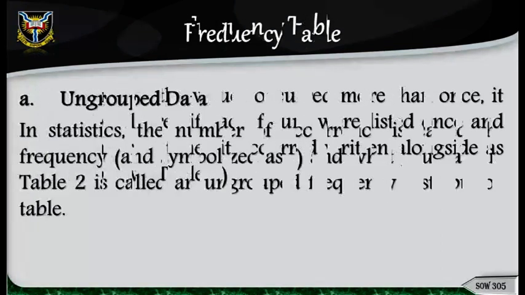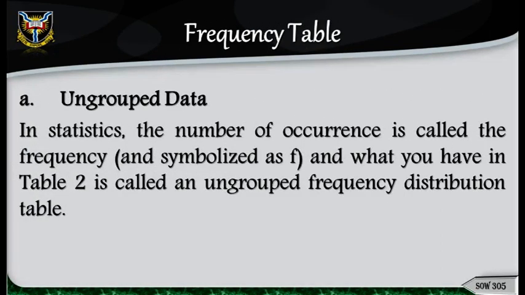Table 2. A. Ungrouped data. In statistics, the number of occurrences is called the frequency and symbolized as F. And what you have in Table 2 is called an ungrouped frequency distribution table.